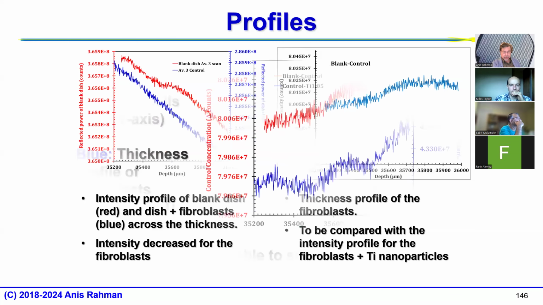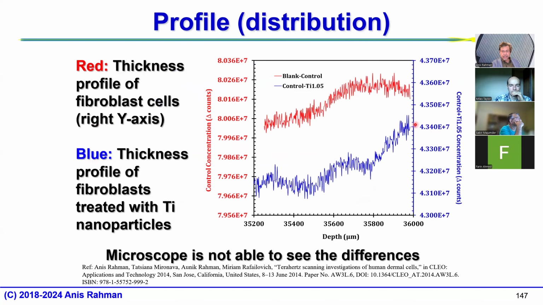And then they have grown, and we have then characterized the depth when the nanoparticle solutions are applied. Those experiments are done by them. So we didn't apply any nanoparticle ourselves, but they had this control with titanium 1.05. That's their sample name. I do not know exactly what it means, but this paper outlines everything.